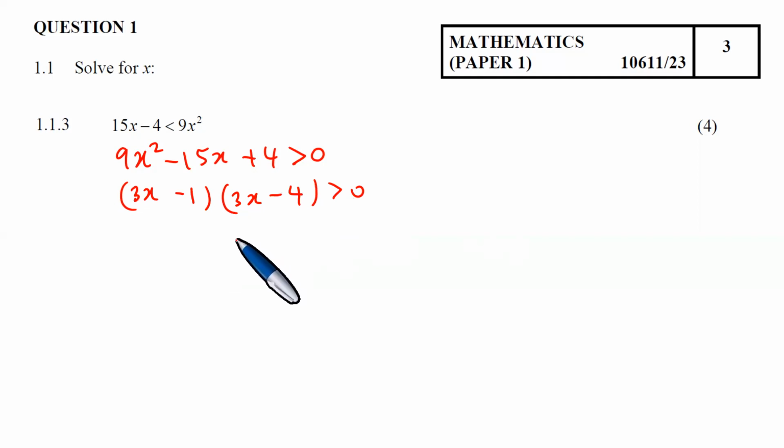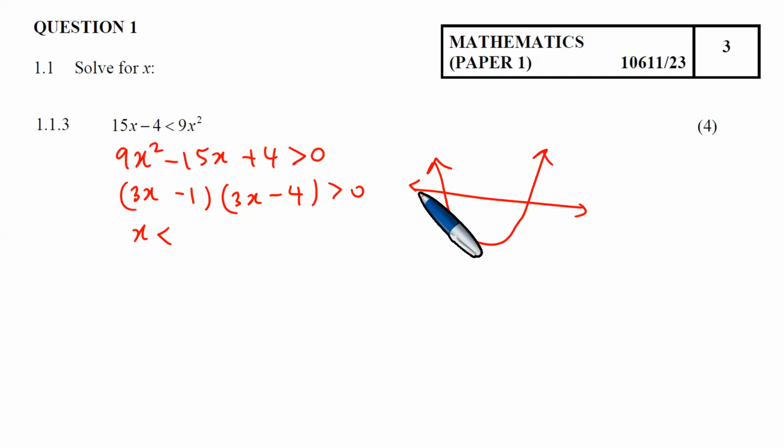And so at this point, if you look at the associated graph, you would realize that you have two critical values and it has a minimum vertex. Okay, so there are two critical values. 1/3 is going to come from this, and here you're going to have 4/3.